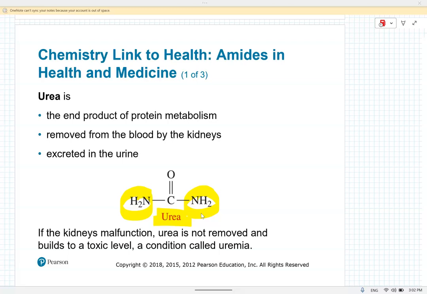Am I making sense? So, another thing about urea that I wanted to highlight. We're going to get pretty physiological here. Did anyone ever smell fresh urine? How does fresh urine smell? Fresh urine doesn't smell strong.